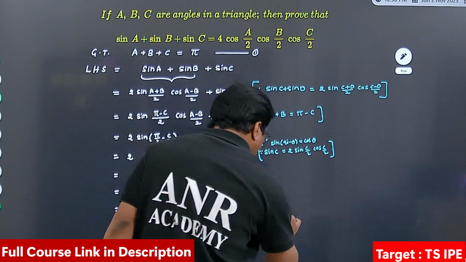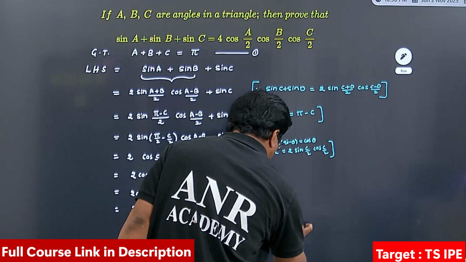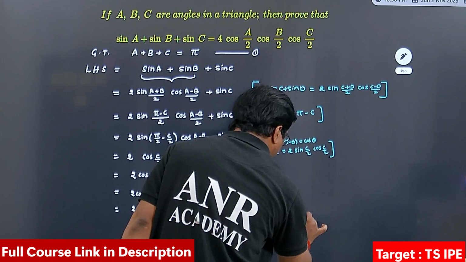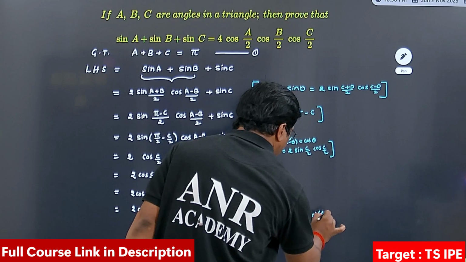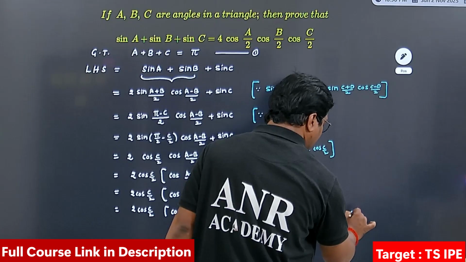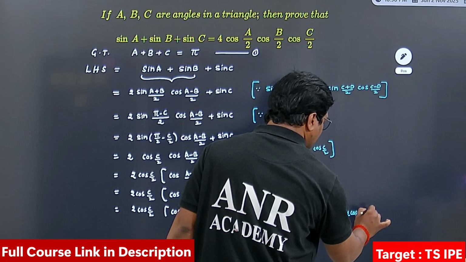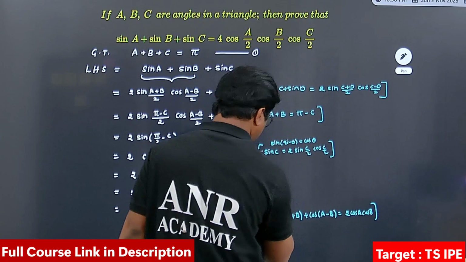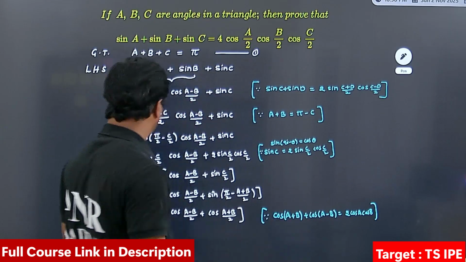From the formula, cos (A plus B) plus cos (A minus B), I can write 2 times cos A cos B. This formula I can use. Okay.